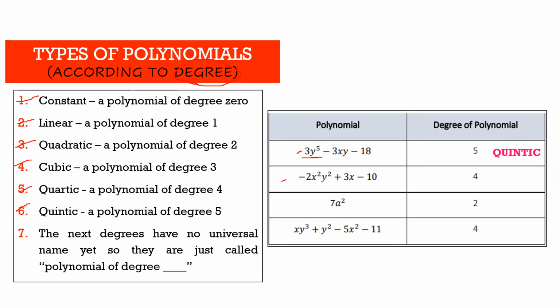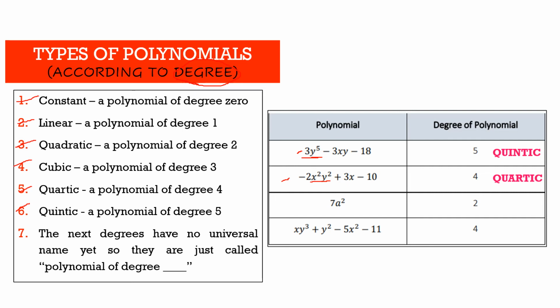For example number 2, we have negative 2x squared y squared plus 3x minus 10. For our first term, we have the literal coefficient x squared y squared. We have to add its exponents 2 and 2. The sum is 4. That's why this is a quartic polynomial.